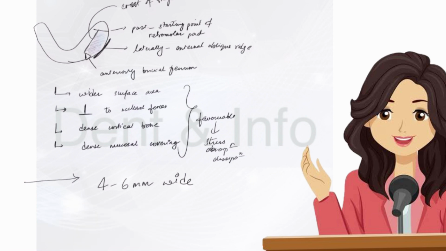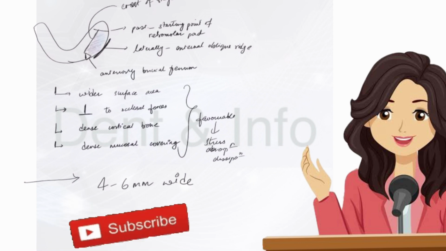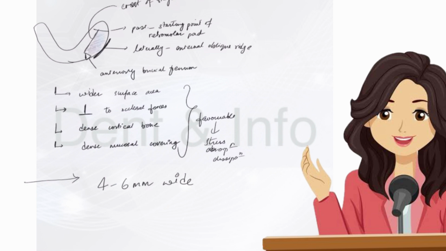Now, the good part with buccal shelf area is what? The crest of the ridge is located medially. As in when resorption occurs, it becomes flatter, and when it comes down, the area widens. So that is an advantage with buccal shelf area, that the area will widen and become more perpendicular to occlusal force. Initially, the crest of the ridge will be somewhat, see, I'll draw for you.